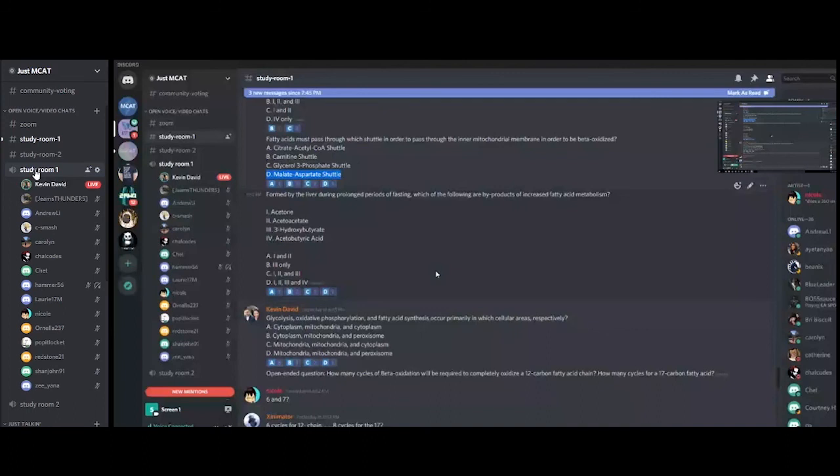So the answer choice isn't D, it's actually going to be C. Acetone is one of the three, acetoacetate is one, and 3-hydroxybutyrate is one, and then 4 is something I just made up. I just smashed essentially 1 and 2 together with 3 to come up with 4.